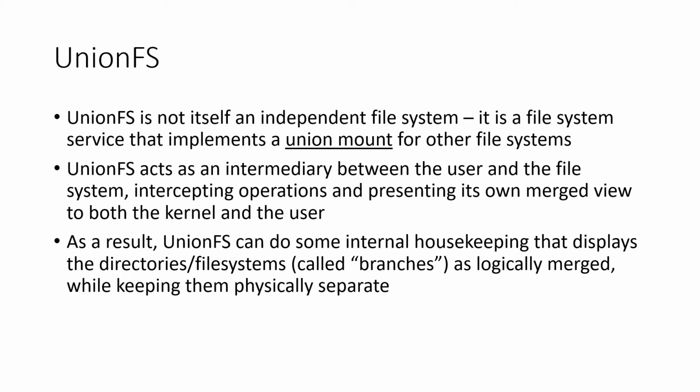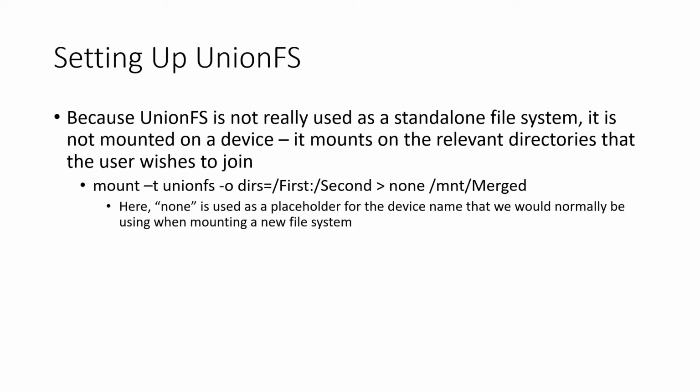So just in terms of nomenclature, each individual directory and file system is called a branch, and those are what's merged. In terms of setting it up, it's a kernel module, so you have to download and compile it and get it set up with the kernel. Once you use it, you do have to mount it like any old file system, but instead of mounting on a device, we're going to mount it right on top of the directories that we're going to use.